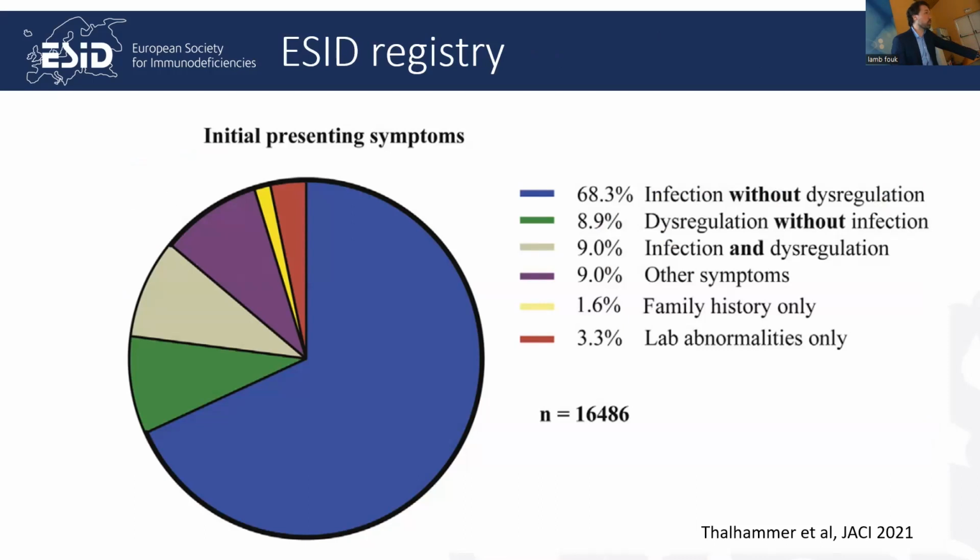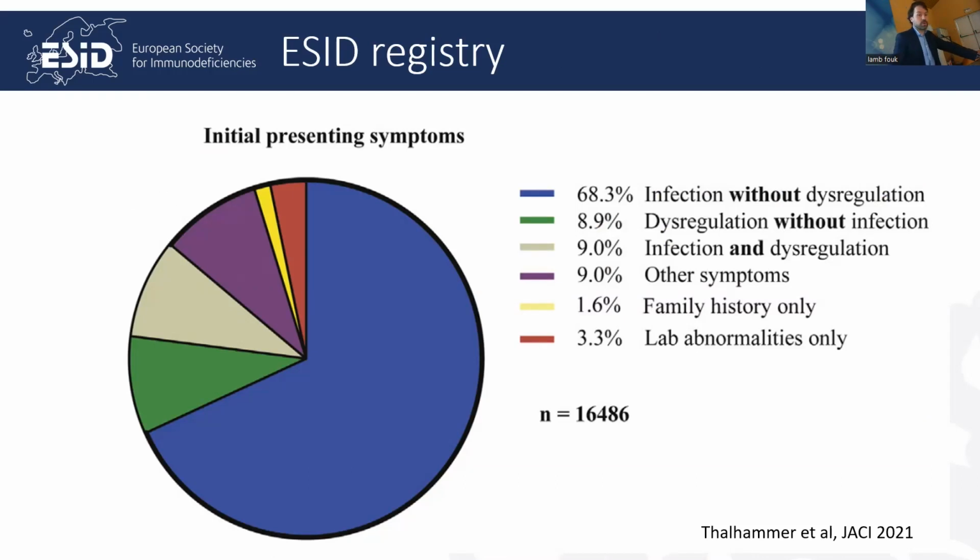I think that the best idea is to see how patients presented in the first place to know where to look. So when you take the ESID registry data, which have been recently published, and this is 16,000 patients, you have that around 70% are just PID, so primary immune deficiency, so an infection without dysregulation.